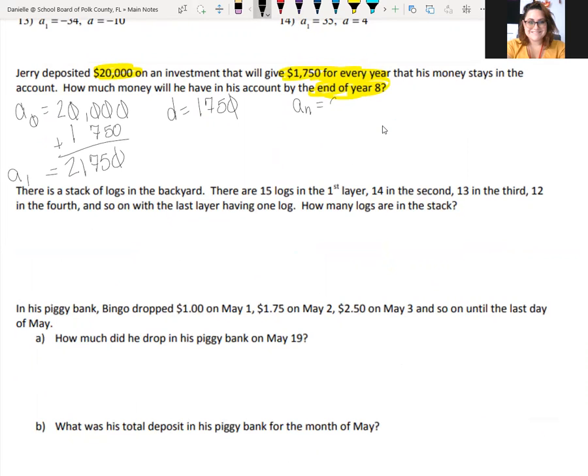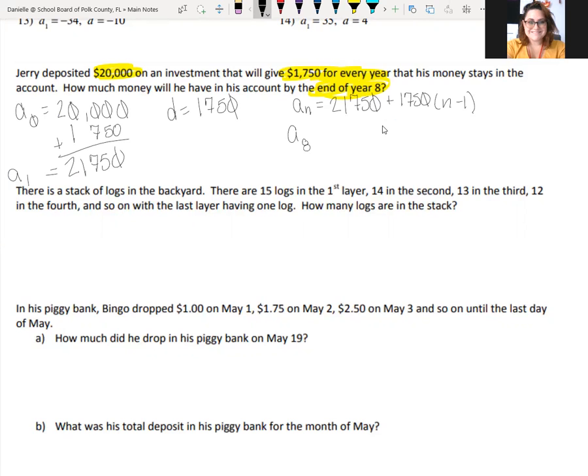It's going to give me my first year times our difference, n minus 1. And remember, that's at the end of year 1. We're talking about the end. So at the end of year 0, all we have is the original amount of money.